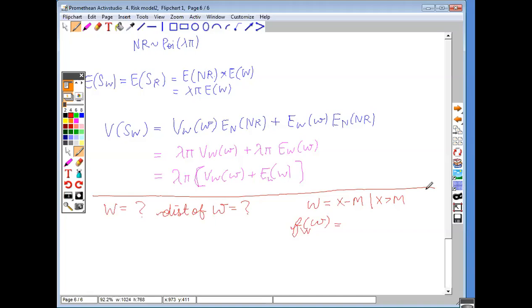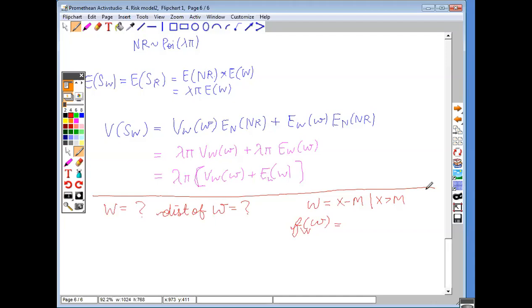So what is my F here? It just represents the probability that my random variable W is going to take a value which is small w, right? And if I know that my capital W is X minus M such that X is greater than M, do you remember what we did?